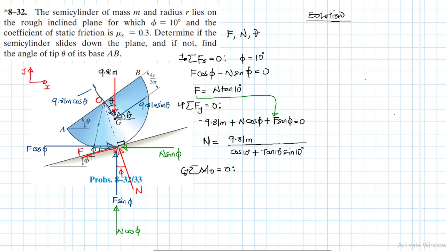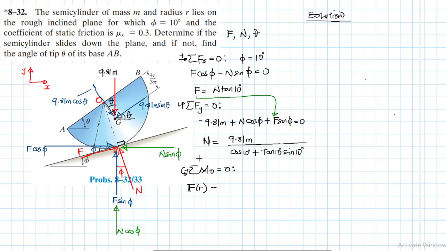So F is going to cause a counterclockwise moment. F times R, the distance to point O is R, the radius. F times R is the lever arm, and clockwise positive.